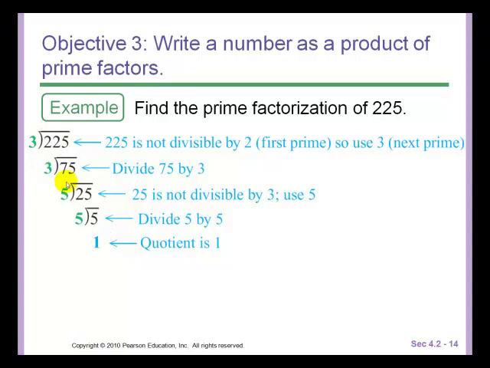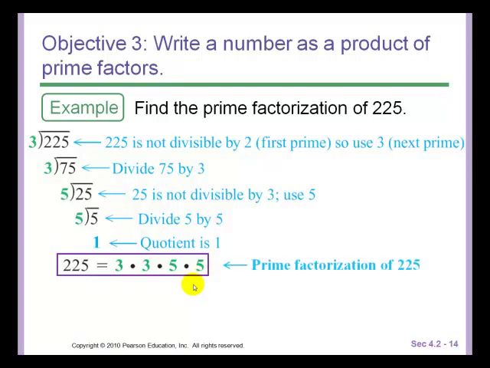Again, your goal is to keep dividing until you get down to 1, and you are dividing by prime numbers, 2, 3, 5, 7, 11, etc.